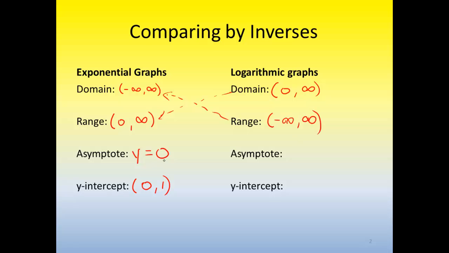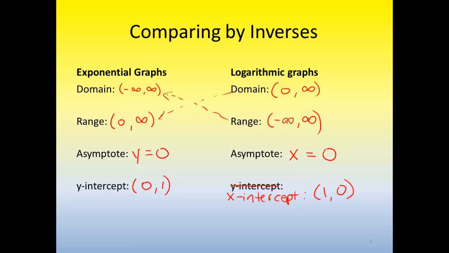The asymptote is no longer a horizontal asymptote, but it is now a vertical asymptote at x equals 0. And in a logarithmic graph, I no longer have a y-intercept, but its inverse is the x-intercept, and instead of being at 0, 1, it is at 1, 0.